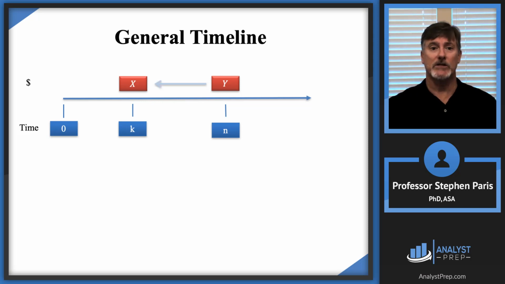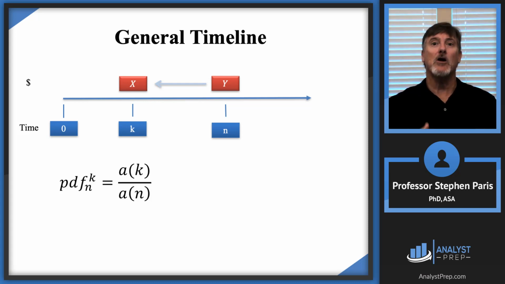Now, what if I was discounting? Well, then I'm looking at the periodic discount factor from time n back to time k, and I know that that's just the reciprocal of the periodic accumulation factor from time k to time n. So in order to accumulate, I would multiply by a of n over a of k, and in order to discount, I would multiply by the reciprocal, which is a of k over a of n. Look how nice the notation is, though.